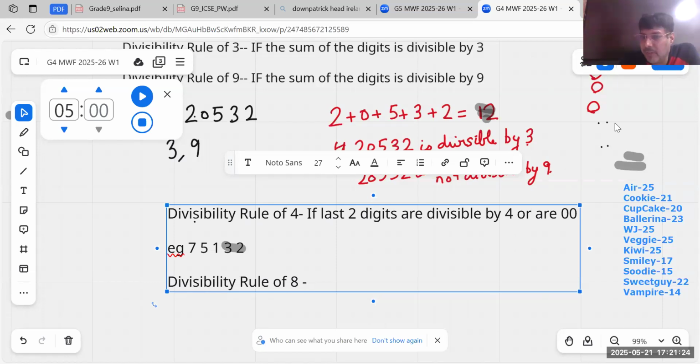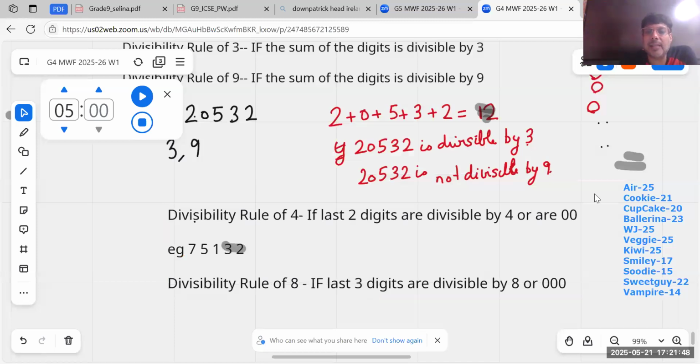I will share in the group. अभी आप लिखो मत. So anyone remembers? No. So जैसे 4 का होता है last 2 digits, 8 का होता है last 3 digits. If last 3 digits are divisible by 8 or are 0, 0, 0. समझ आ गया guys? Yes or no, kids?